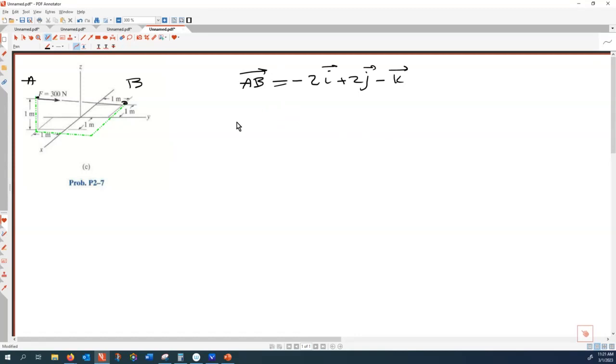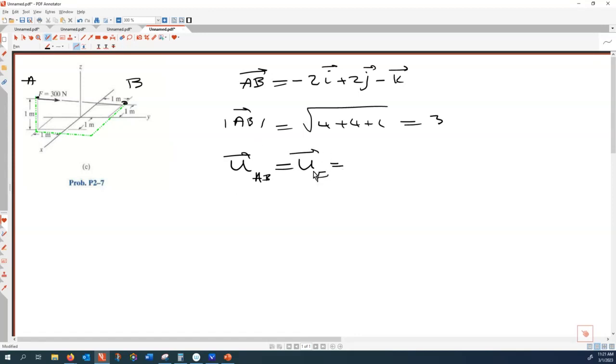And what is the magnitude of AB? 4, 4, 1, that is 3. Okay. So the unit vector of AB is the same as the unit vector of F. That is minus 2/3 i plus 2/3 j minus 1/3 k.